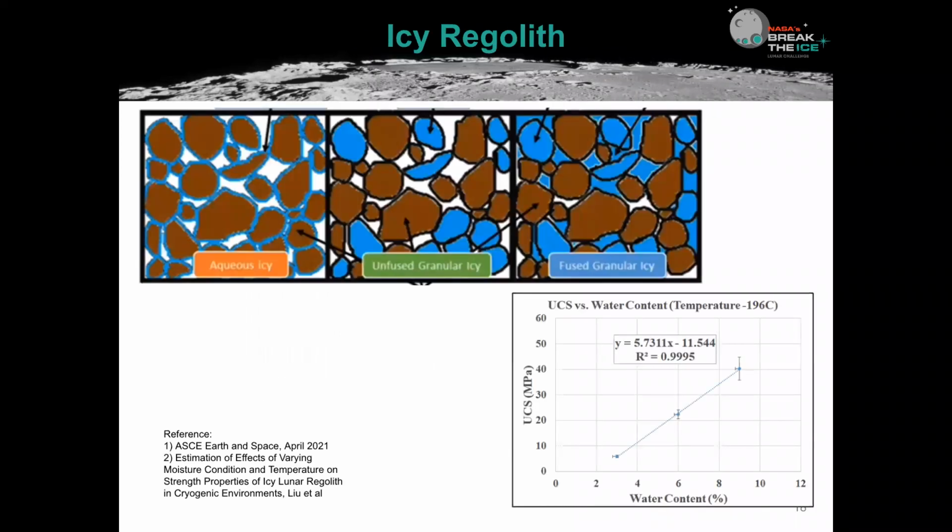So Kevin had a great slide, which I intend to steal and use in future presentations, that shows a variety of geological formations of the combination of the rocky part of the regolith and granular ice, whether it's fused to the surface of the rocky grains, is an actual ice grain that's intermixed with the rocky grains, or some type of cementitious action of water cementing rocky grains together.